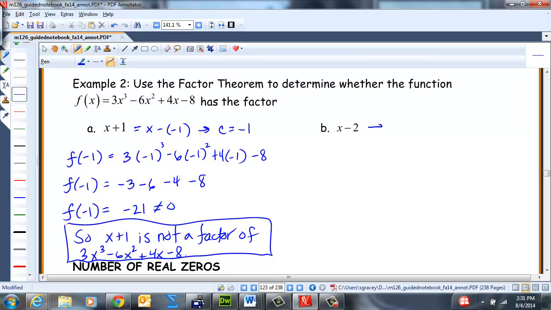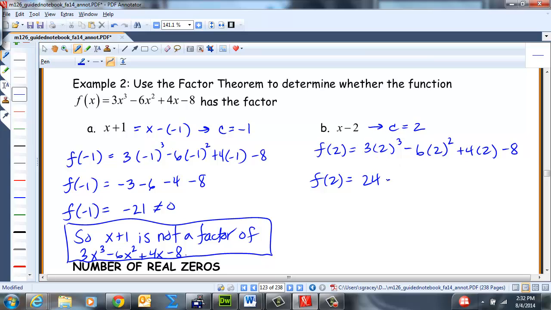Okay, so on this one, c is equal to 2. So f at 2 is 3 times 2 cubed minus 6 times 2 squared plus 4 times 2 minus 8. So f at 2 will be, 2 cubed is 8, so we'll get positive 24, minus, let's see, 2 squared is 4, 6 times 4 is 24, plus 8 minus 8.